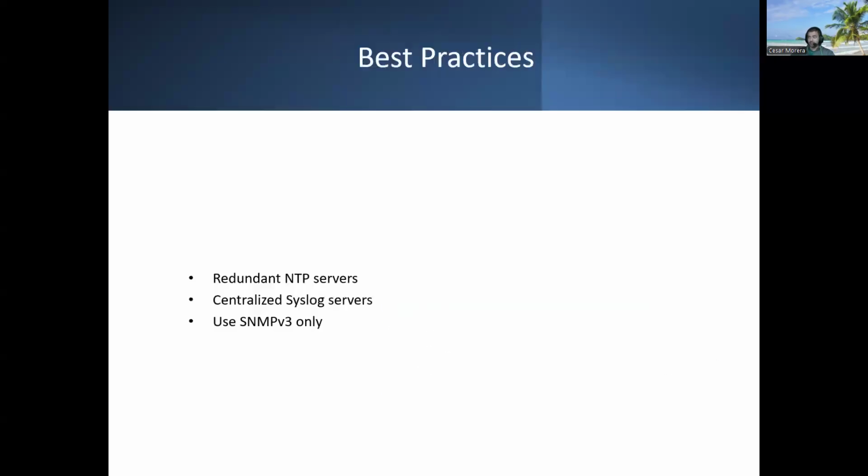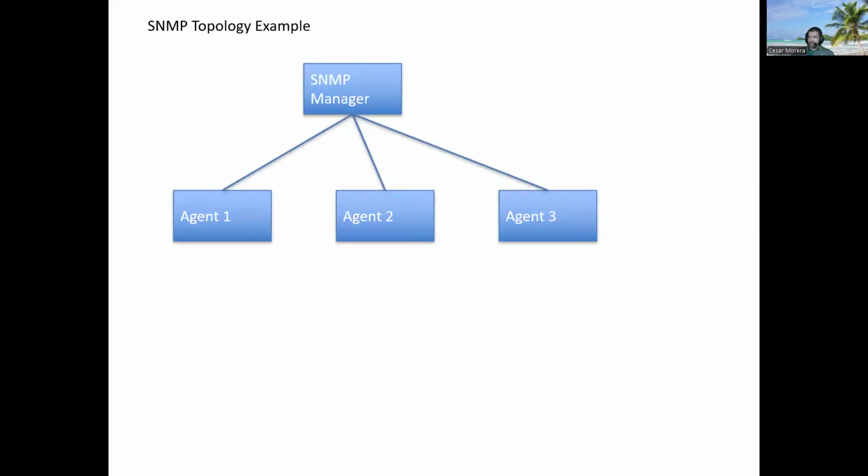Okay, what was the last part that we were working on? The examples. Okay, we have the last example: the SNMP manager. It is also a server. We have a server that is providing SNMP services, and it connects to an agent 1, an agent 2, and an agent 3.